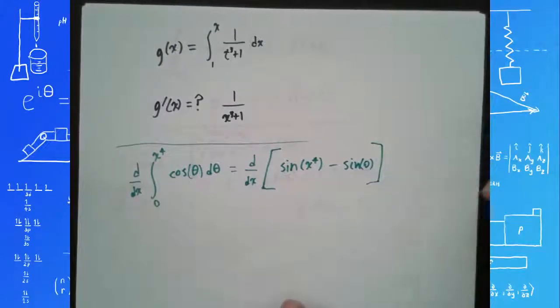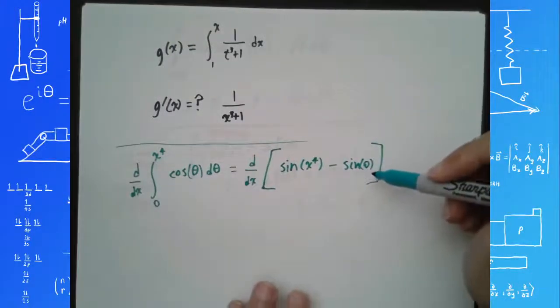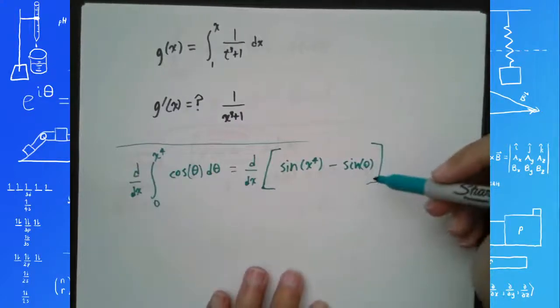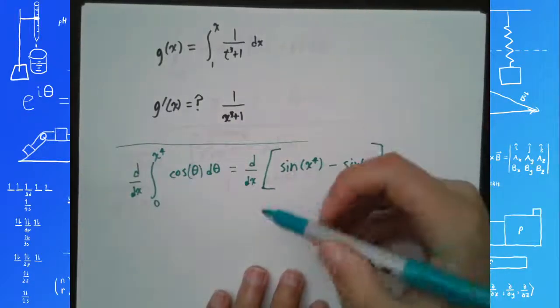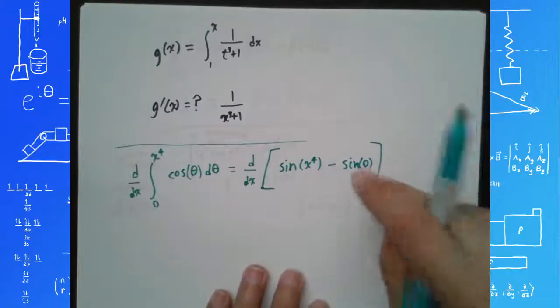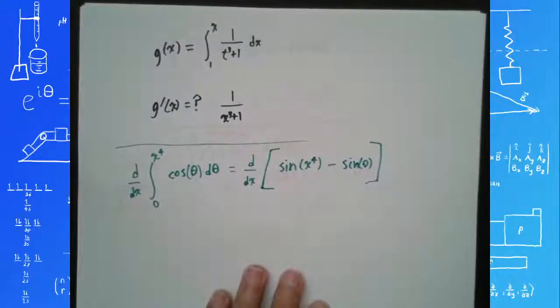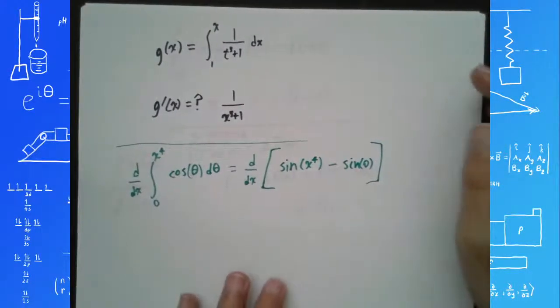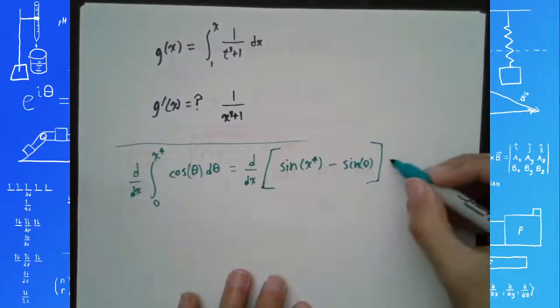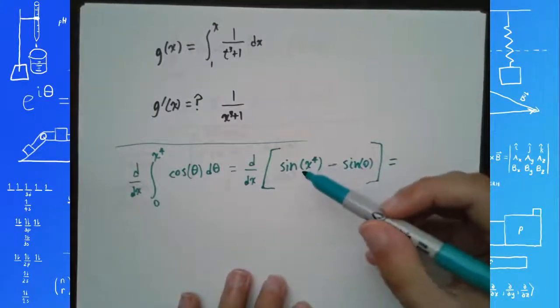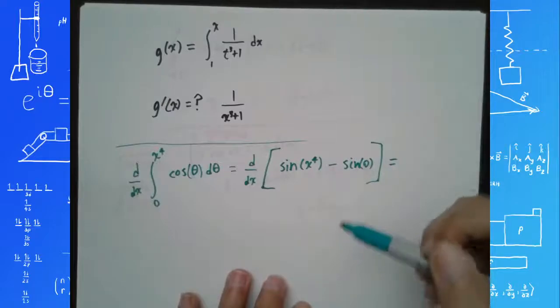Sine of 0 is 0, but even if it was some other constant value, no problem, because the derivative of any constant is 0 anyway. So if we go ahead and take the derivative, that part is 0.